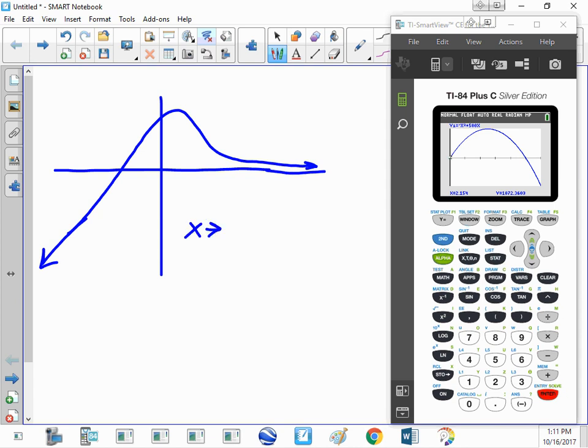As x approaches negative infinity, y approaches, so as we go left, the graph goes down. As x approaches infinity, y approaches 0. That's kind of weird, right? So the further right I go, the closer I get to 0. And that will never happen with polynomials, but it will happen with other things.